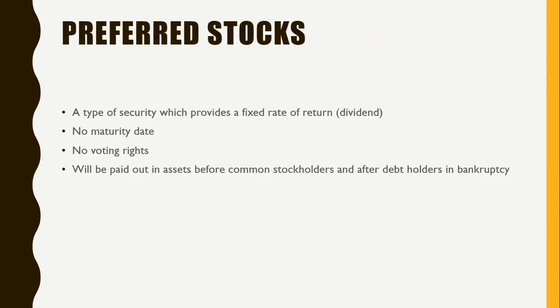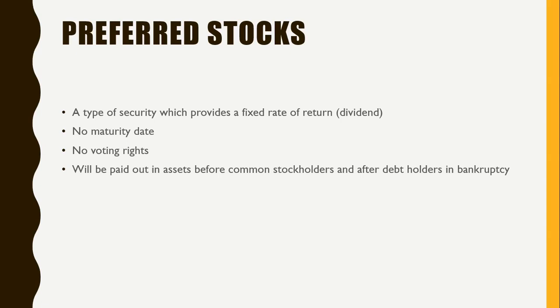For preference stock, it is a type of security which provides a fixed interest rate of return. Preference stock is an ownership security. In general, stocks do not have maturity date, and preference stockholders do not have voting right and they do not run the business.